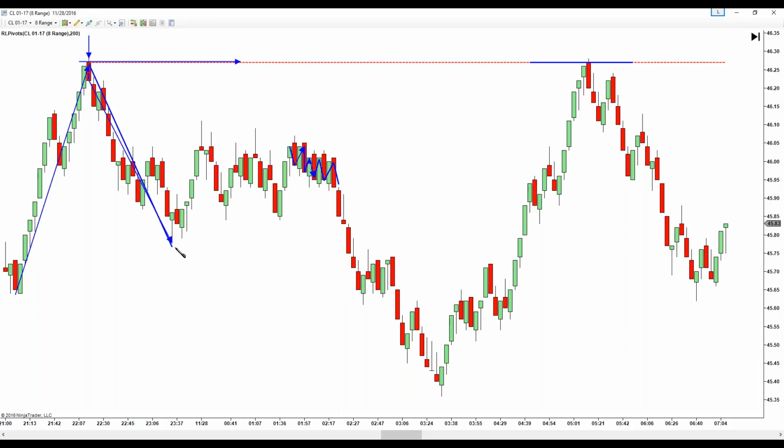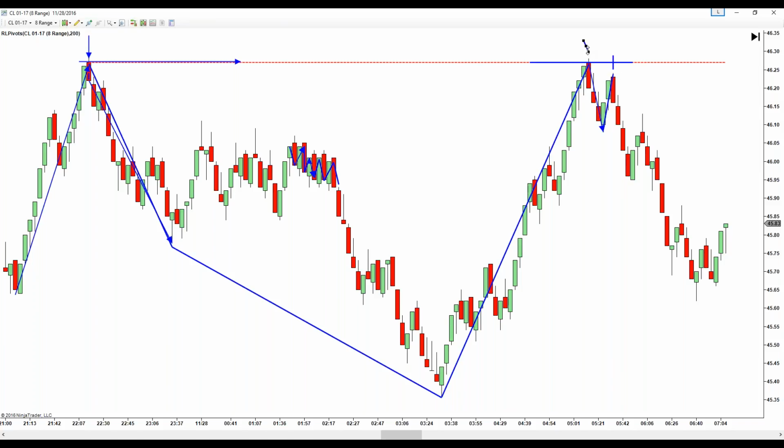Now, we know that when price comes back to retest the first time, it's likely going to fail. When it comes to retest the second time, and price here is only a few ticks off, it's also likely to fail.